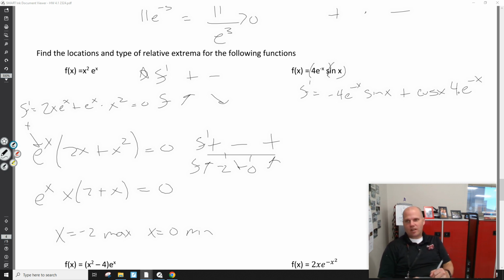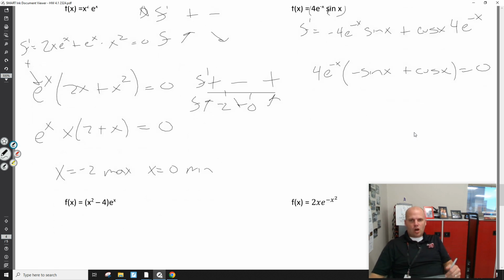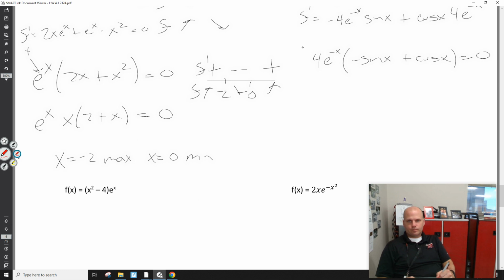Well, factor out the 4 e to the negative x. If you want to factor out a -1, great. This is always positive. Forget about it. We just need to figure out when negative sine x plus cos x equals 0.